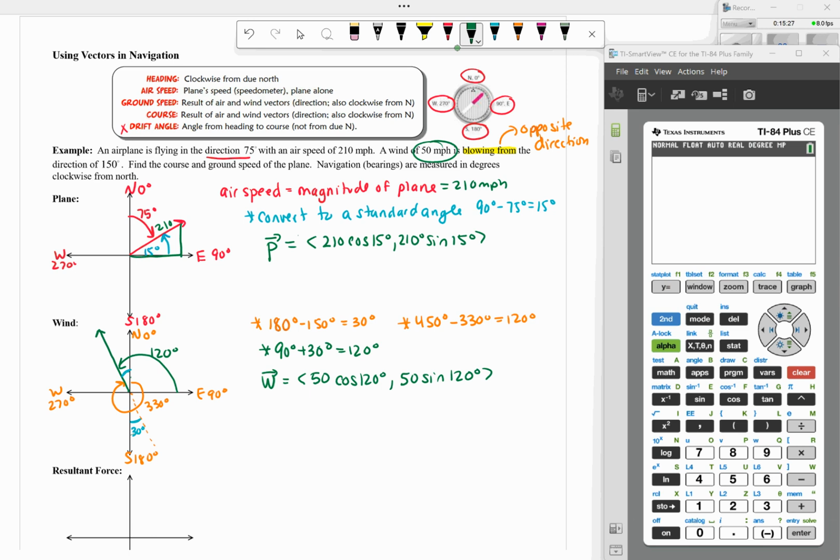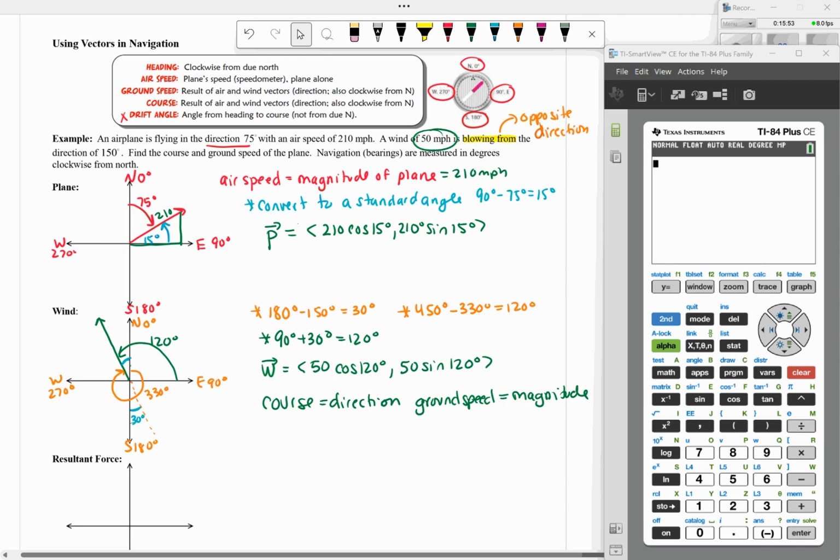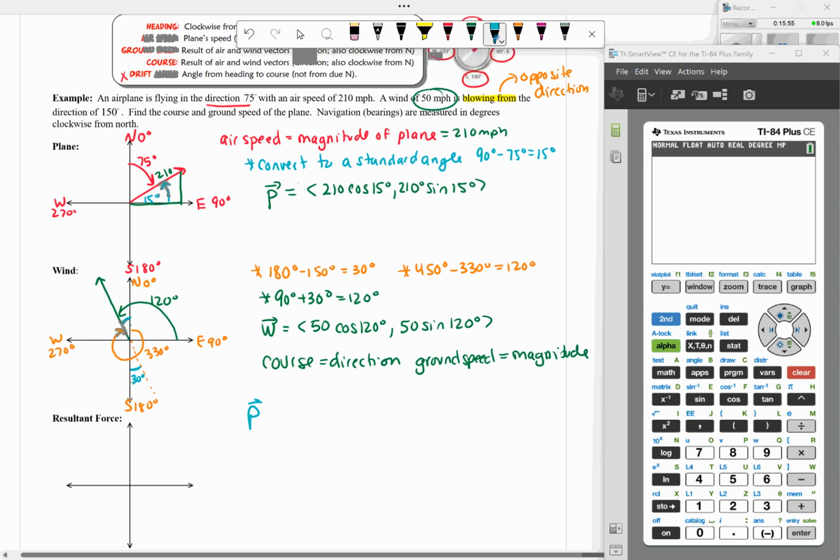So we want to find the course, which is the direction, and then we also want to find the ground speed, which is the magnitude. So that means we need to find the resultant component form first. So for the resultant force, we take the plane plus the wind and add those components together.